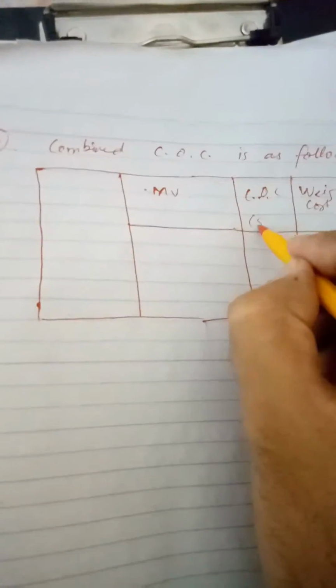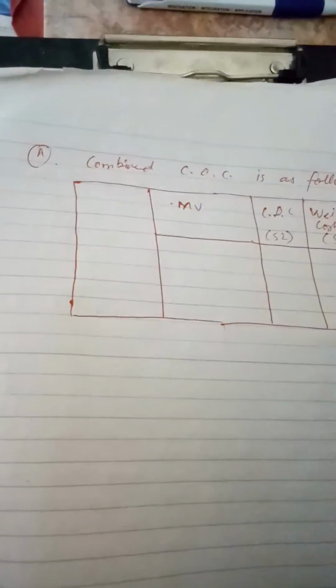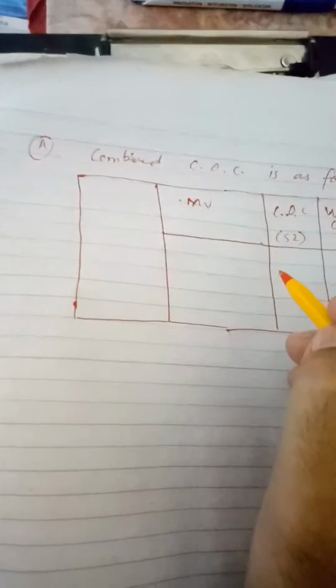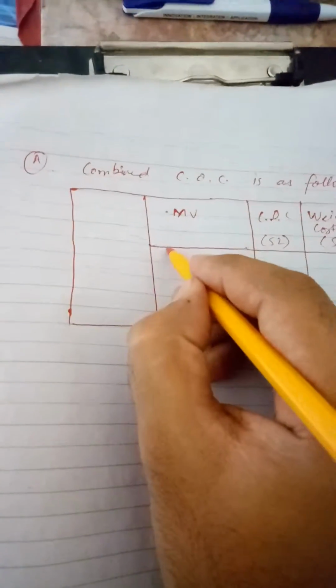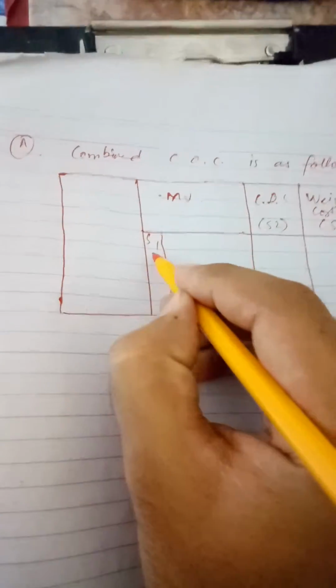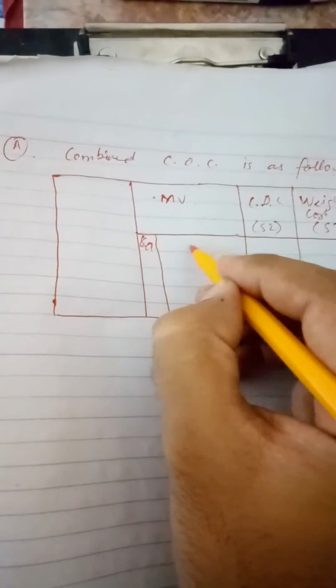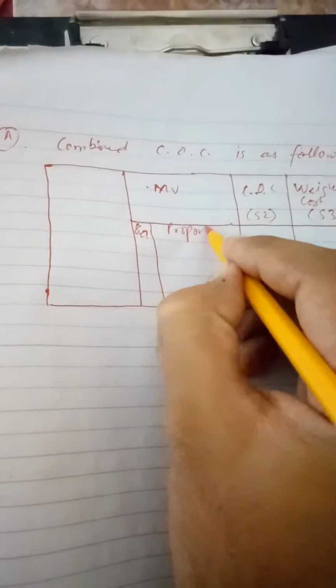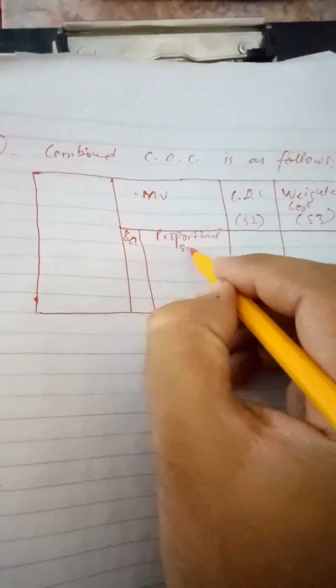So let's see how we're going to resolve it. This is step 2, this is step 3 in terms of calculation. These are the steps that we are mentioning right now. This is proportions, which is step 1.